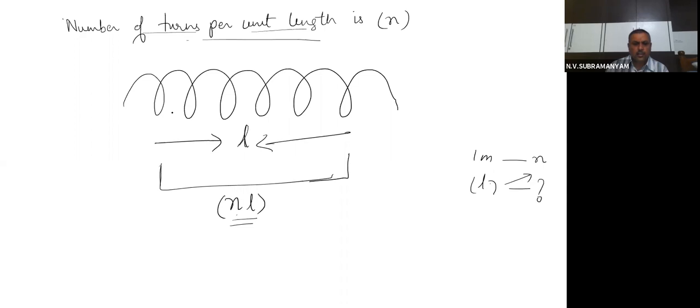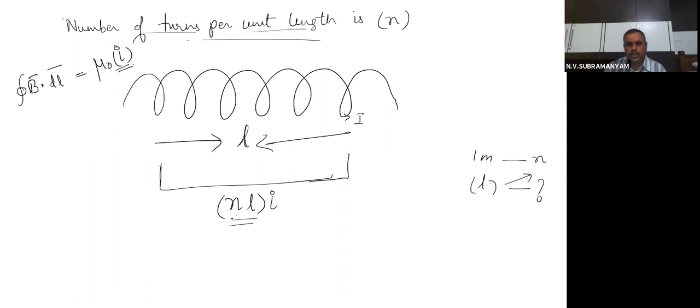Then you know that one turn carries current I. Then for n L turns, the current will be n L into I. Actually Ampere's law is the integral of B dot dl equals mu naught I. But if I write mu naught into only I, it will be only for one turn.